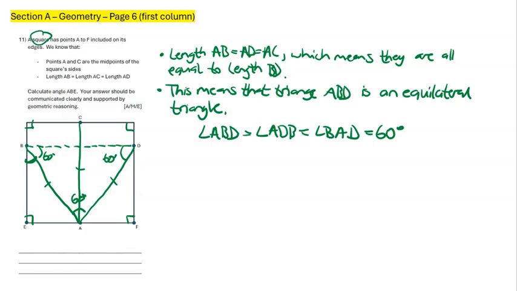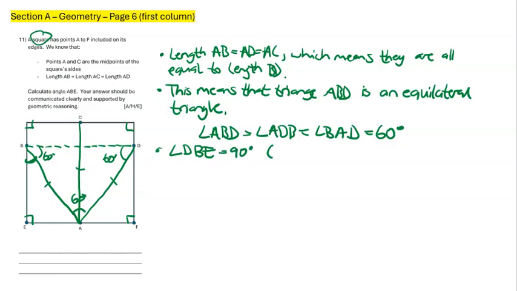The next thing we need to figure out is angle DBE, that's this angle here, the one coming up here. We know that those two lines are parallel, so angle BDE is equal to 90 degrees.